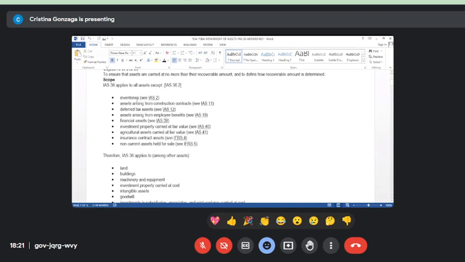For example, we have PAS number 2 for inventories, so even impairment of inventory is accounted for using PAS 2 and not PAS 36.